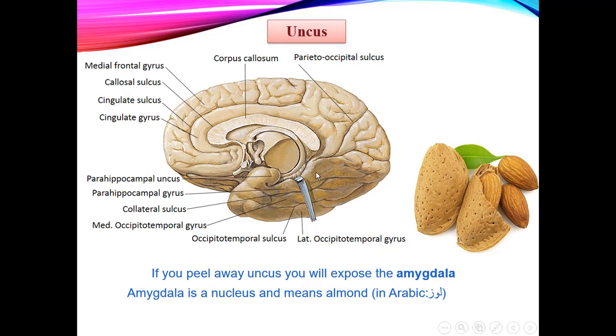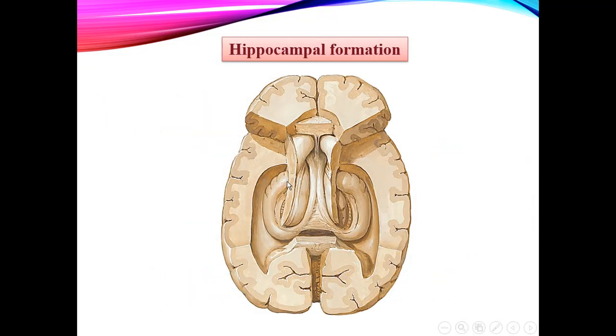We have a parahippocampal gyrus and a hippocampal gyrus, and the hippocampal gyrus is located in the depth of the parahippocampal gyrus. As I said, if you cut and remove the parahippocampal gyrus, you can see the hippocampal gyrus. This gyrus is the hippocampal gyrus or hippocampus.